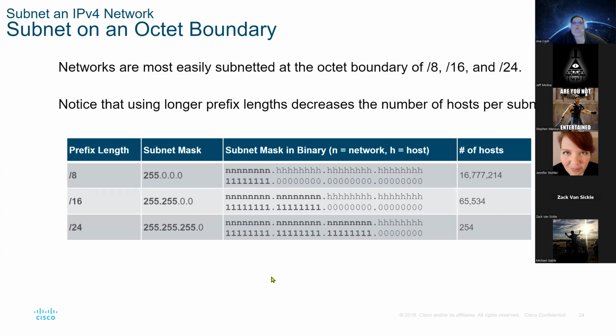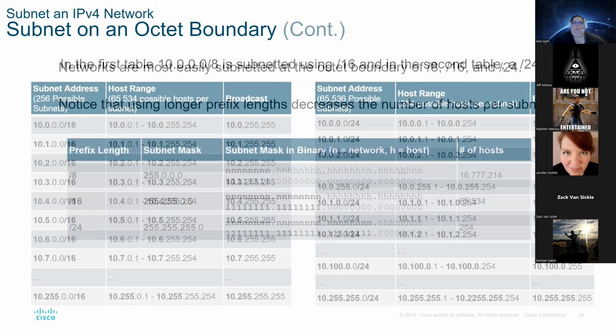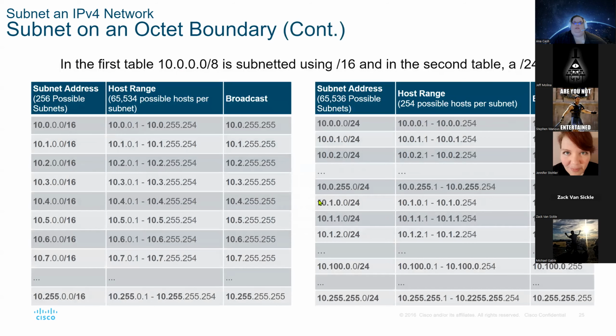Okay, so we went over this and it was talking about octet boundaries, and this is just another way that they put it out there with the 1s and 0s, and I think it's just nice to go through this so that you can see the difference between how Cisco words it and how Cengage does. And this is subnet on octet boundaries.